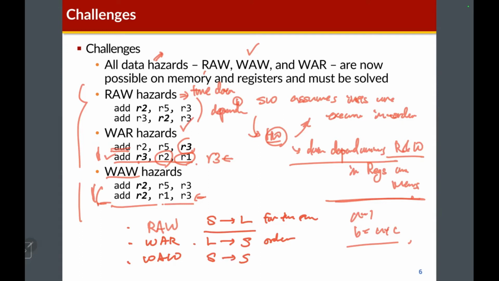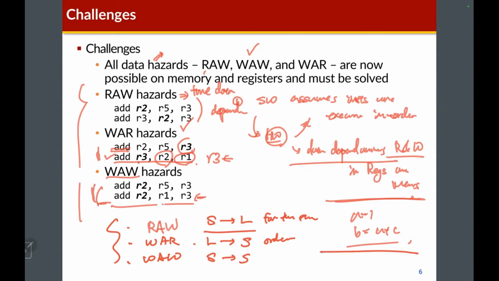So if we apply the data hazard cases to memory, these orders should be maintained. It's very critical for computer architecture. Storage is very critical, so this order should be maintained.